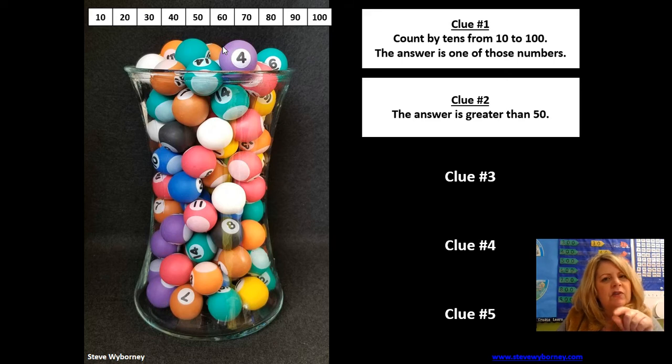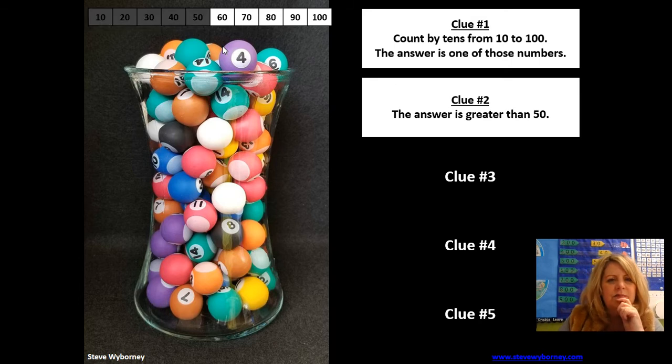Or as mathematicians, we could say 50 is equal to 50. We can't say 50 is more than 50. All right. Those are our choices, or the possibilities that fit clue 1 and clue 2.